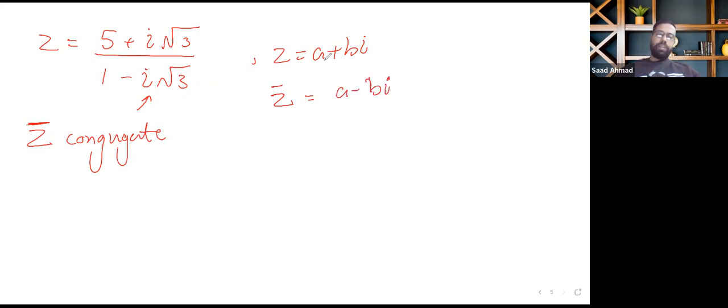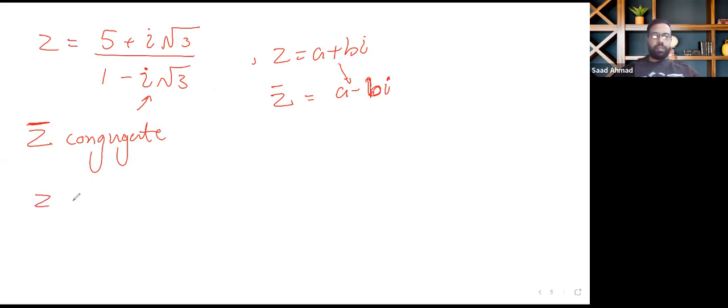You flip the sign of the i term: it was plus, you made it minus. So when we want to get rid of it from the denominator, we multiply with its conjugate.